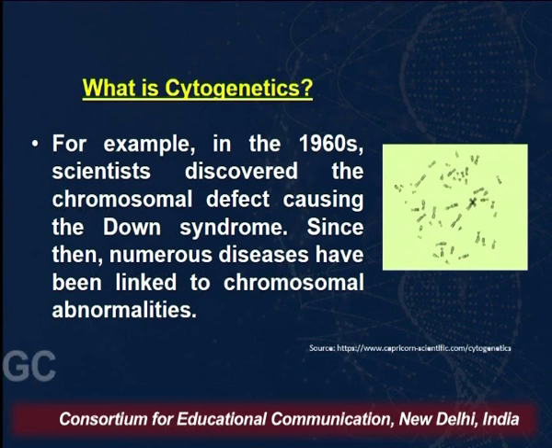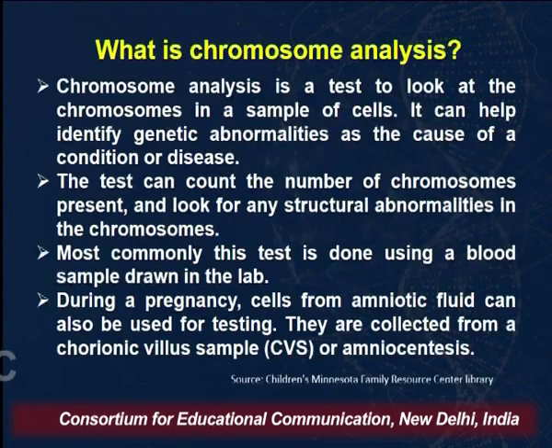Now, one of the initial examples of cytogenetics came with the discovery of Down syndrome. There are numerous diseases apart from Down syndrome which have been linked to chromosomal abnormalities. We will take up the example of Down syndrome, which was discovered in the 1960s, and how the chromosomal defect was causing a developmental problem in the patient who had Down syndrome.